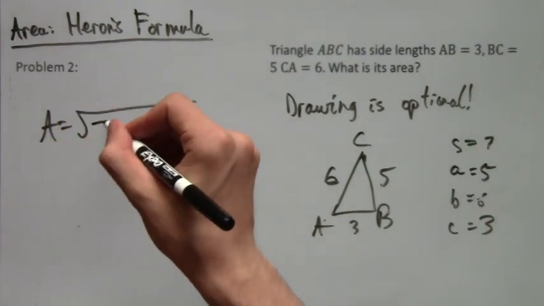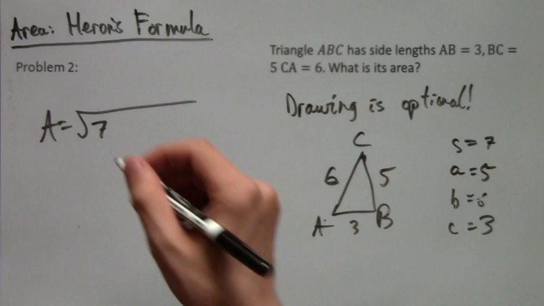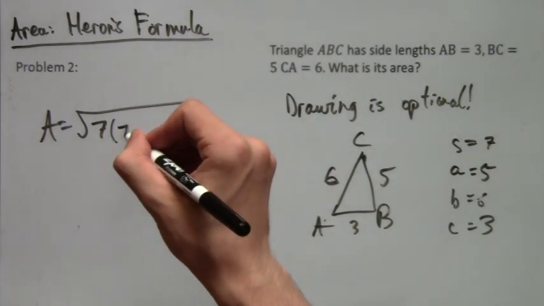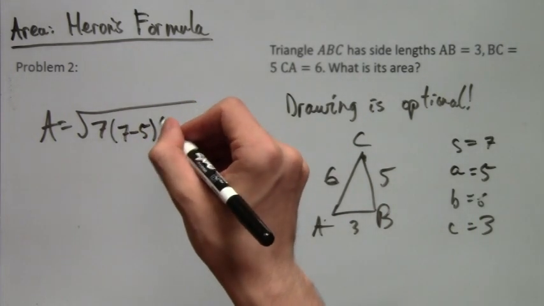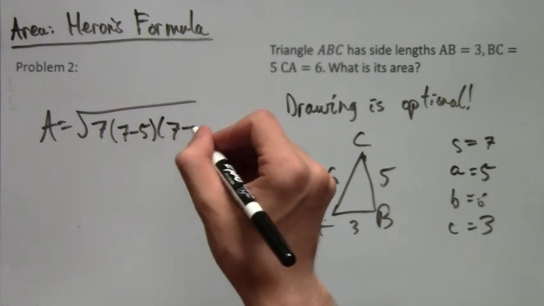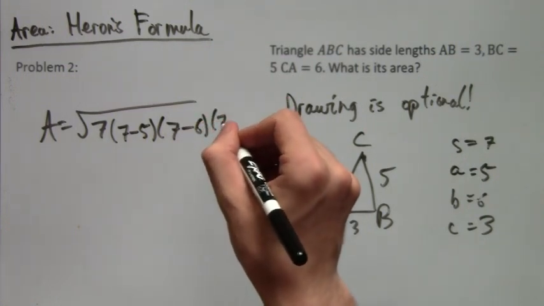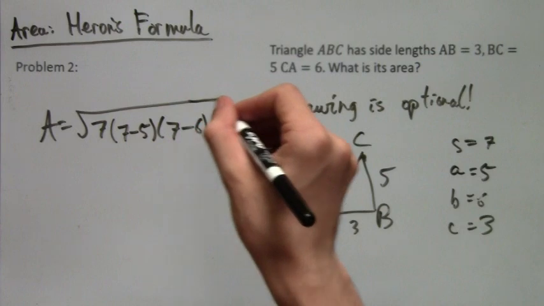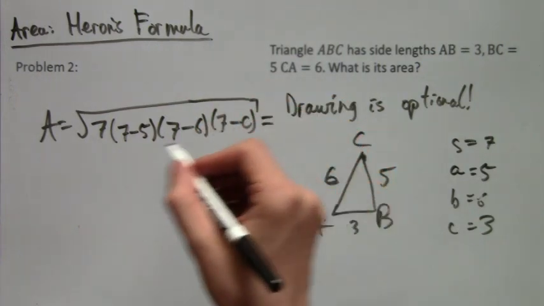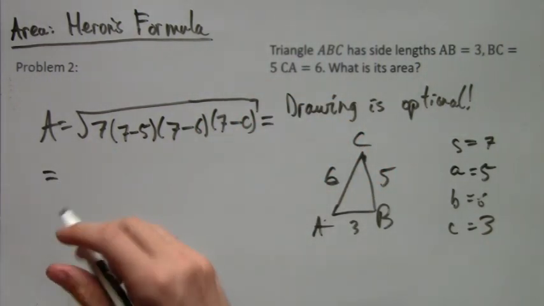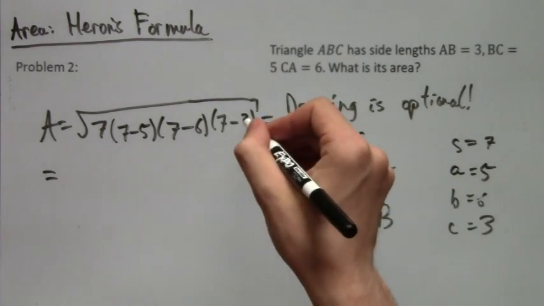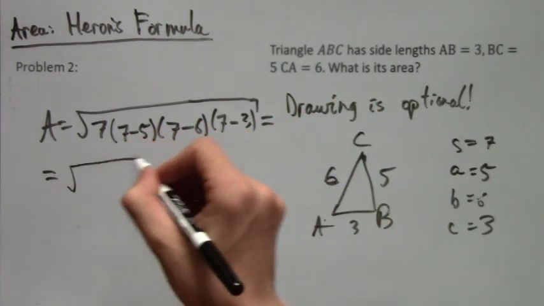So we're ready. We have 7, the semiperimeter, times 7 minus a, 5, times 7 minus b, which is 6, times 7 minus c, which is 3. And let me change this c into a 3. Alright, so now we just have to simplify the expression.